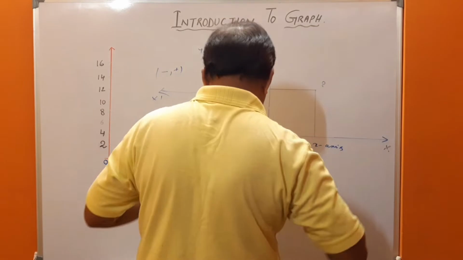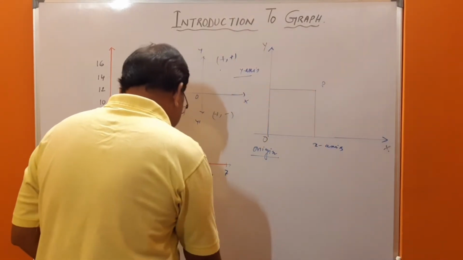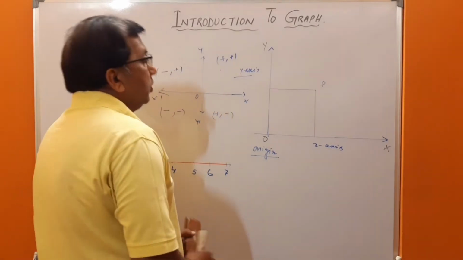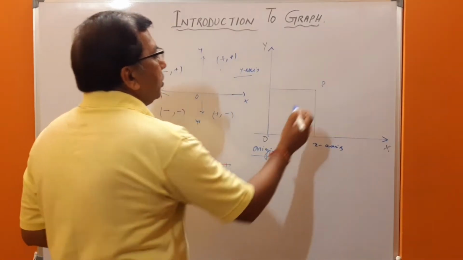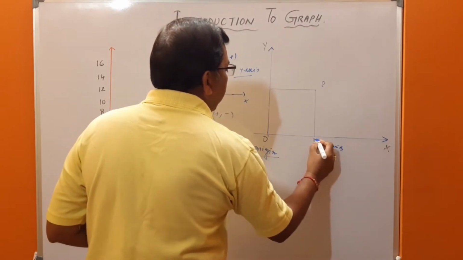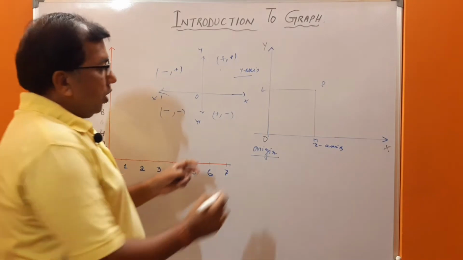Two perpendicular lines you have to draw. Then suppose this is PM and this is PL. So you have to count out here.